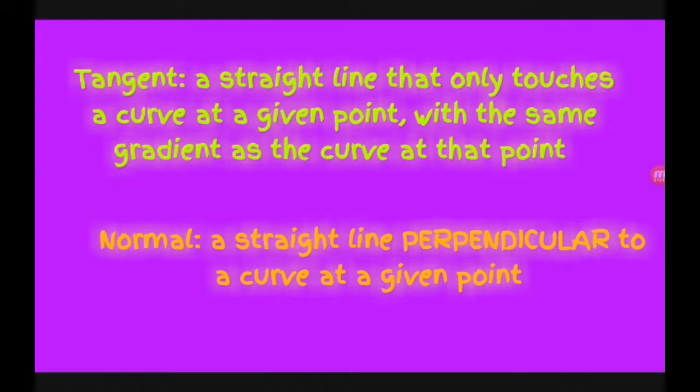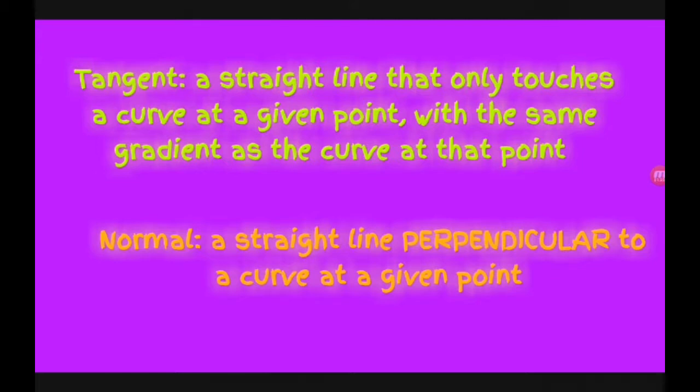Now a normal is nothing too scary. A normal is simply a straight line that's perpendicular to a curve at a given point. So if we find the equation of a tangent, we can then find the equation of the normal quite easily, because the normal is perpendicular to the tangent.